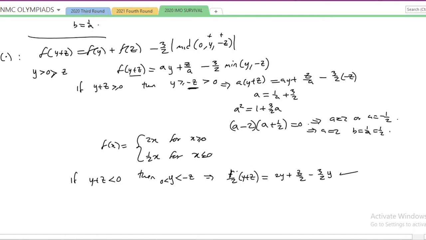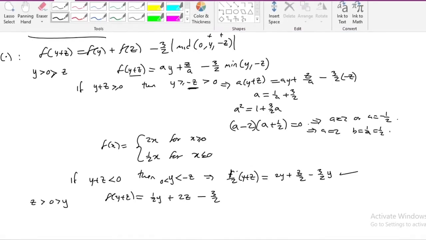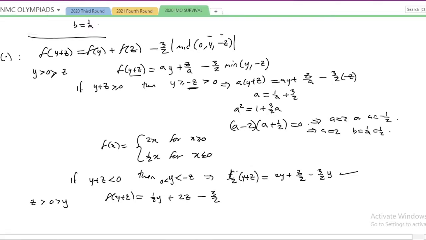Okay, so look at this other case. For this case here, f of y now is half y, f of z is 2z minus 3 over 2. Now y is negative this time, so change this up here.